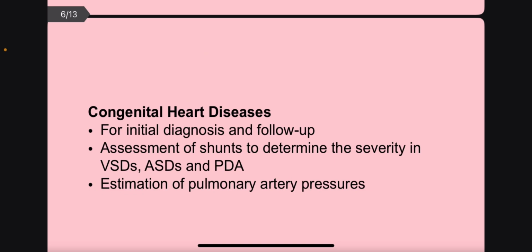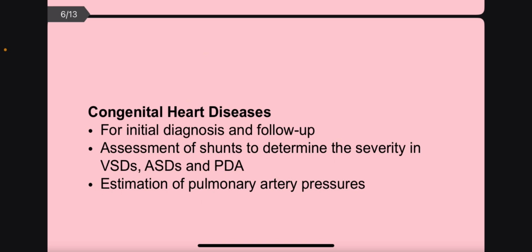Estimation of pulmonary artery pressure. Yes, estimation of pulmonary artery pressure in congenital diseases with left to right shunt, it can increase the pulmonary artery pressure and then it causes shunt reversal. Initially it is left to right, and then with Eisenmenger syndrome, it changes direction from right to left, and now it is going to cause cyanosis.